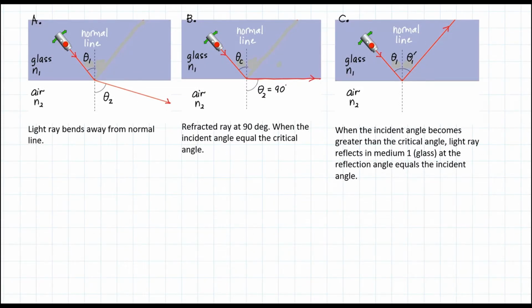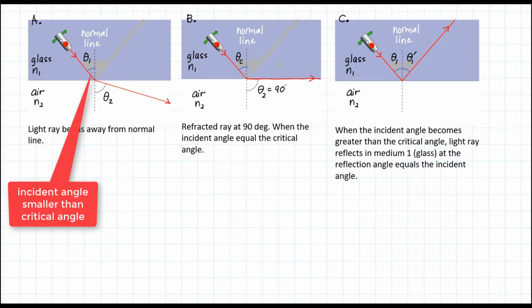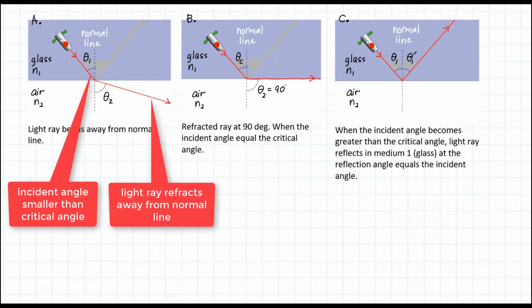Okay, let's analyze this situation where the light ray begins from a denser medium, glass, toward a less dense medium, air. As long as the incident angle is smaller than the critical angle, we can see that the light ray refracts away from the normal line in the second medium.